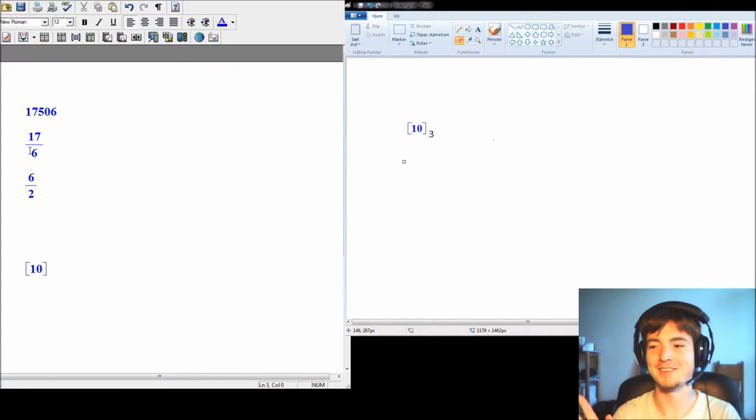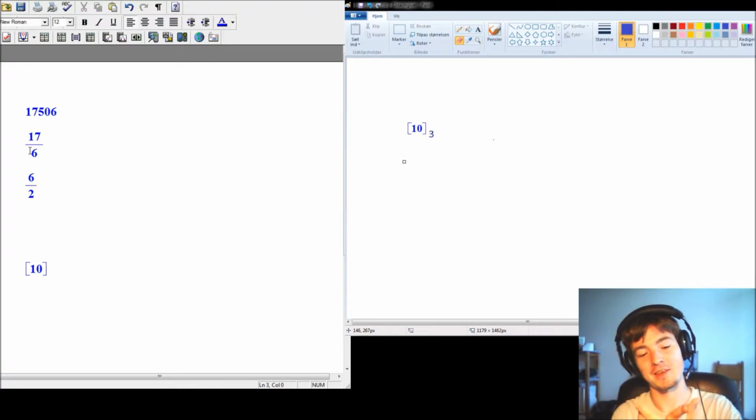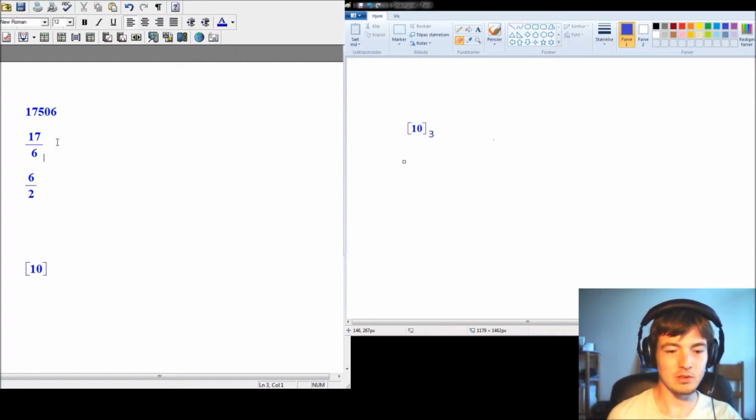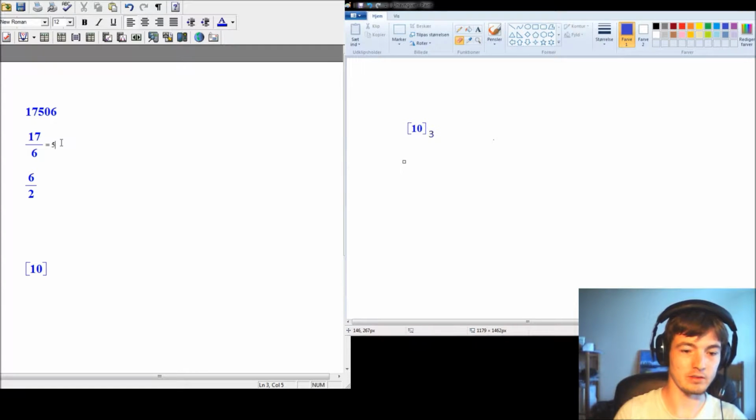And you can do this the old-fashioned way, right? Because 6 plus 6 is 12, and if we add another 6, we get 18. So that doesn't work out. So there's 12, and then we take away the 12, and there's 5 left. So I want to say that this is 5.